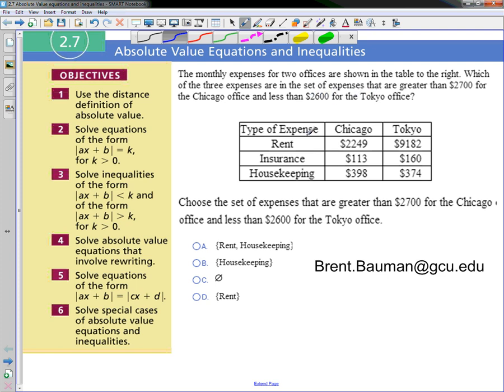Okay, so greater than. So we have expenses greater than $2,700 for Chicago. So let's look at Chicago, and we're looking for greater than $2,700. Well, rent's only $2,249, insurance $113, and housekeeping $398.